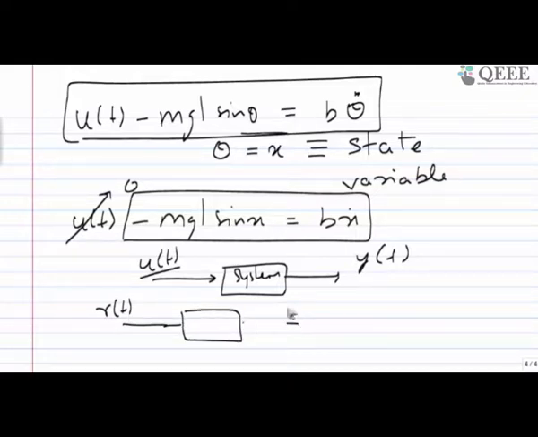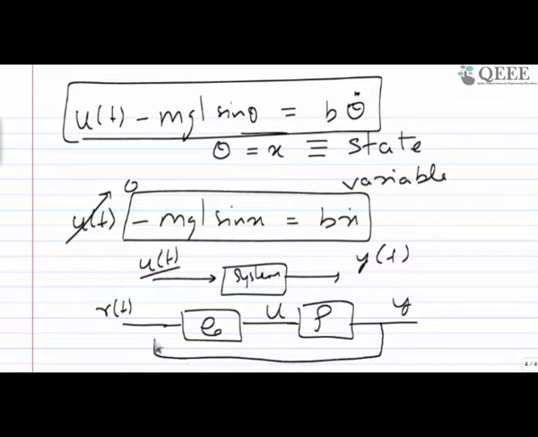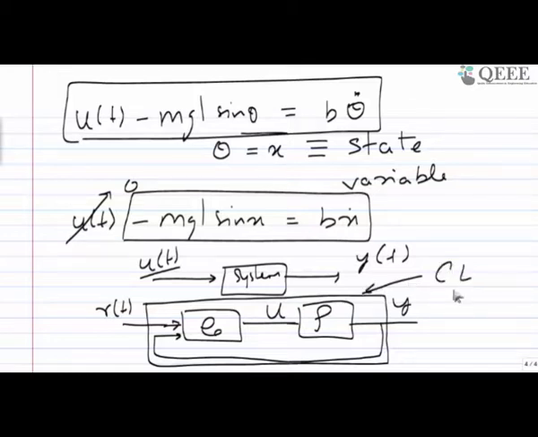We can draw this in this way as well. You have a plant, you have a controller, you have an output Y. This is the input of the plant, and this output is fed back to the controller. And this system is basically what we call the closed loop system.